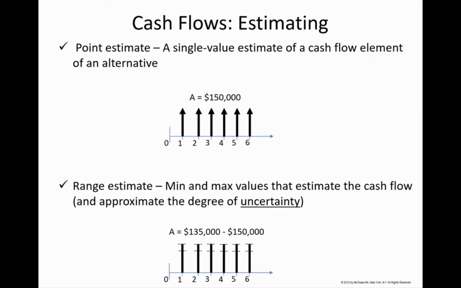So you could say maybe your revenue is going to be anywhere between $135,000 and $150,000. You can see I've put dashed lines at the minima and the maxima of our estimates. Then you could find out whether purchasing a certain investment opportunity is justified based on the low value, based on the high value. These range estimates are used to illustrate uncertainty.